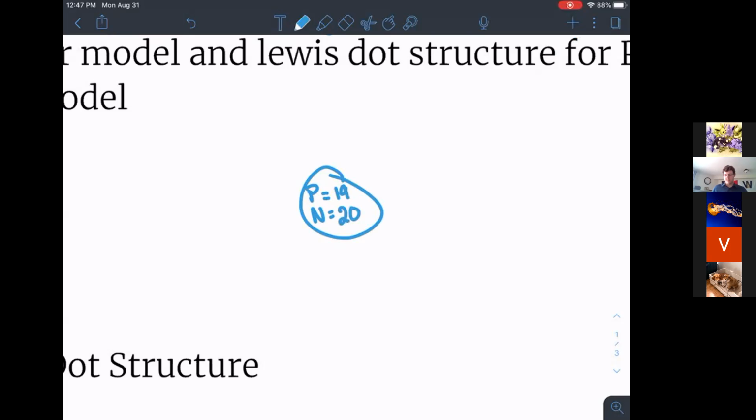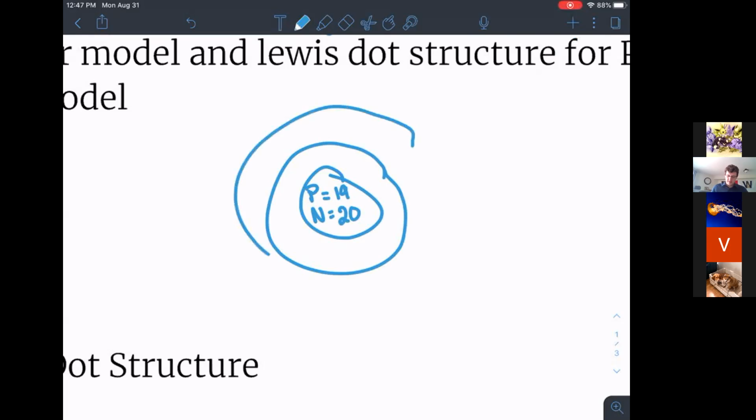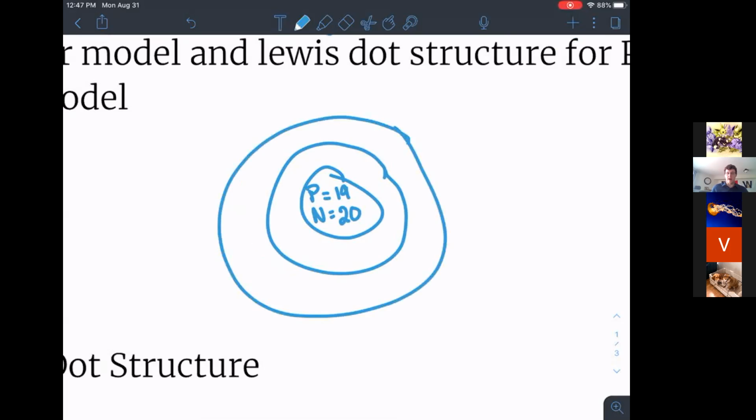And then how many orbitals do we need here? We only need 2, okay. Cool. So how many electrons do I put in the first orbital? 2 electrons, perfect.